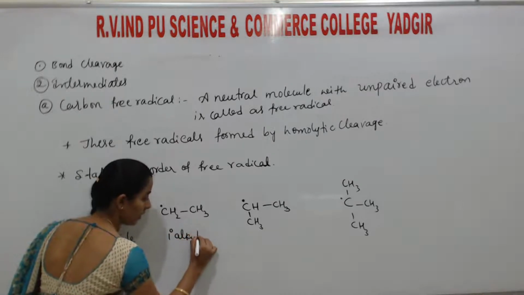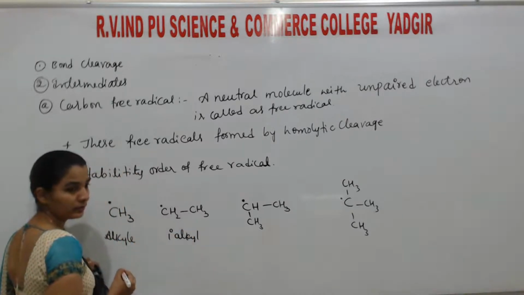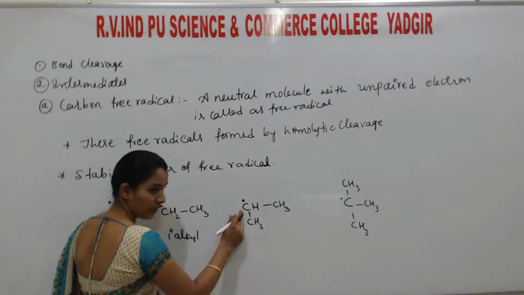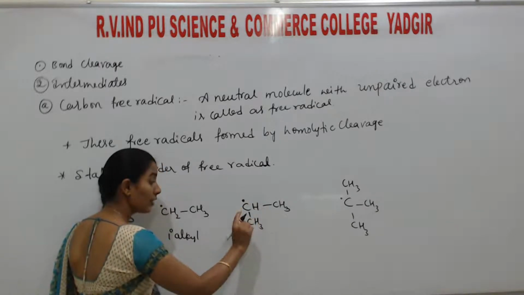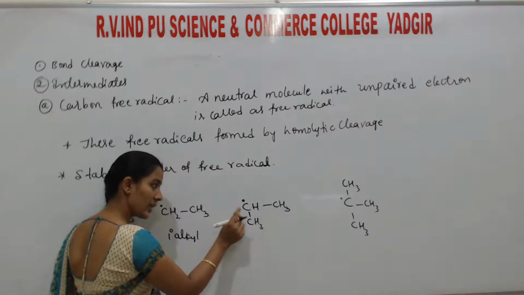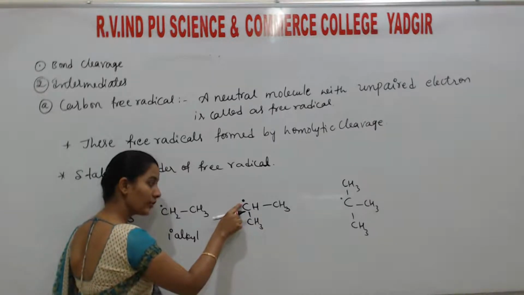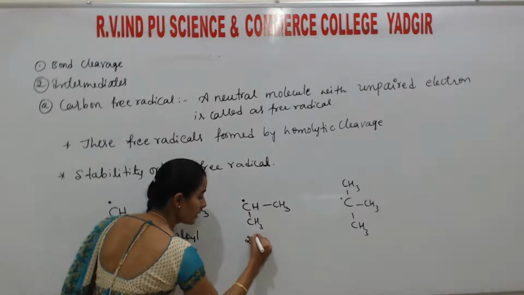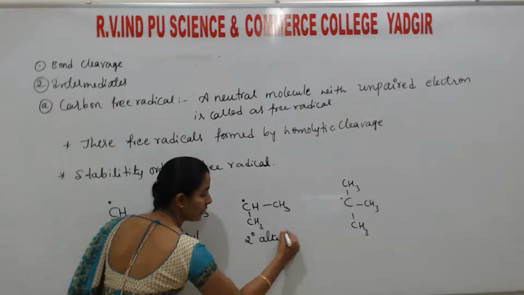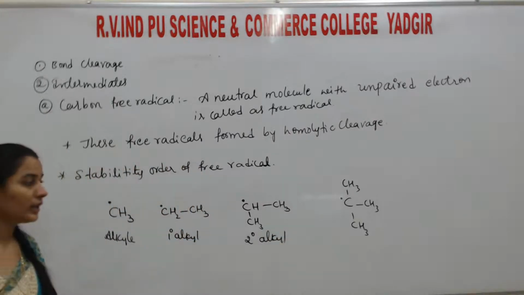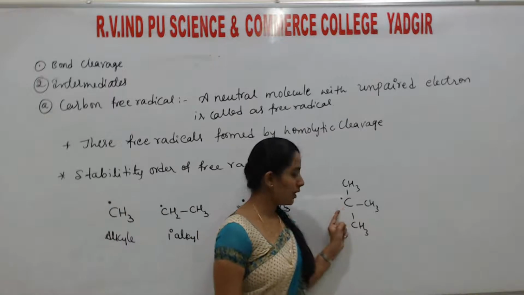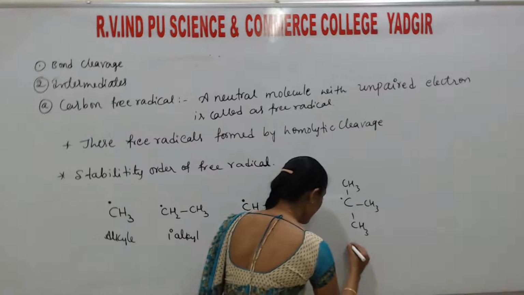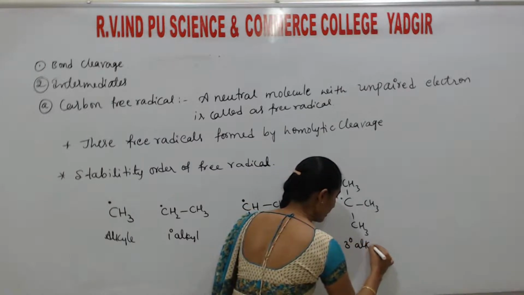If the carbon where the free radical is there is bonded to two carbon atoms, then it is secondary alkyl. If the carbon with the unshared electron is bonded to three carbon atoms, then it is tertiary alkyl.